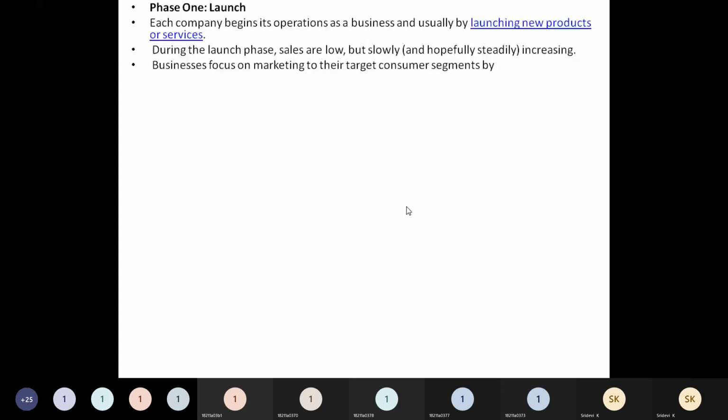That means depending on the product. For example, if we are producing adult products, they are going to concentrate on the adult product group. How to attract them, they will be focusing on that marketing strategy.